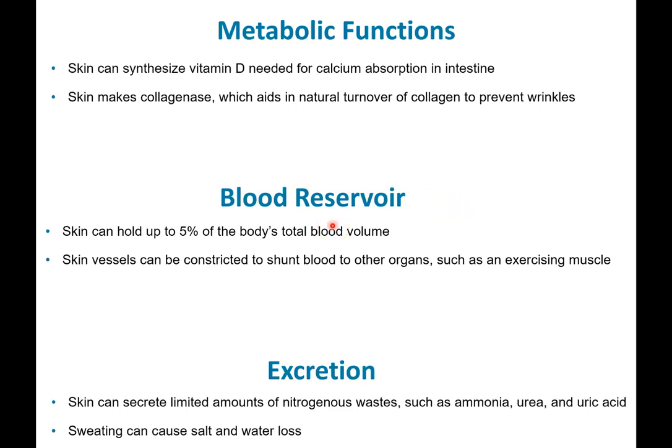Now, skin also serves as a blood reservoir, holding up to 5% of the body's entire blood volume. In response to certain stimuli, blood vessels in the skin can also be constricted, such that blood is redirected towards other organs, such as an exercising muscle or the heart.